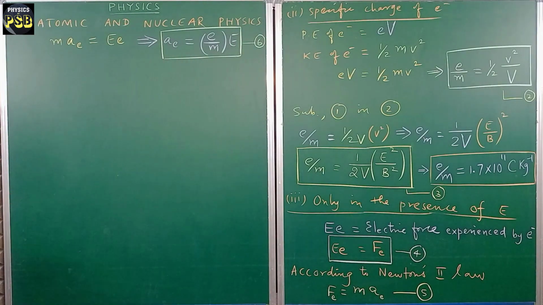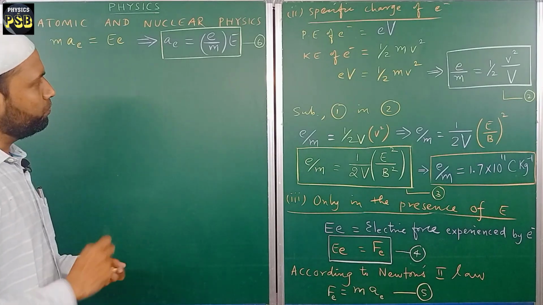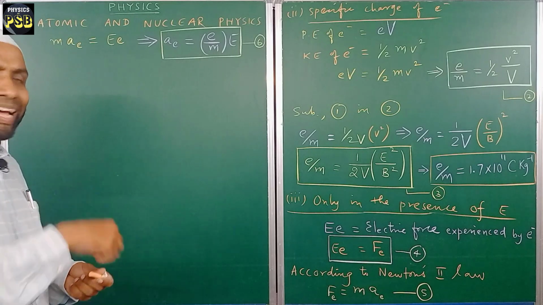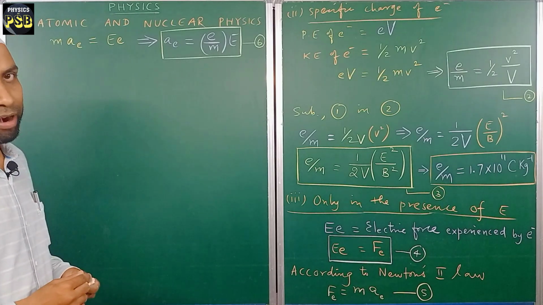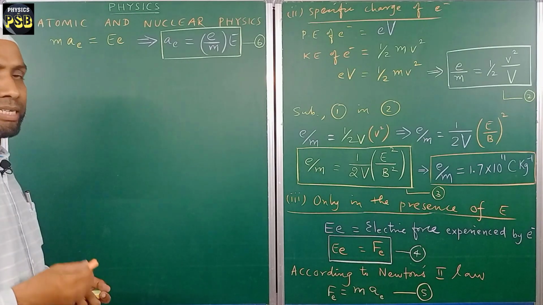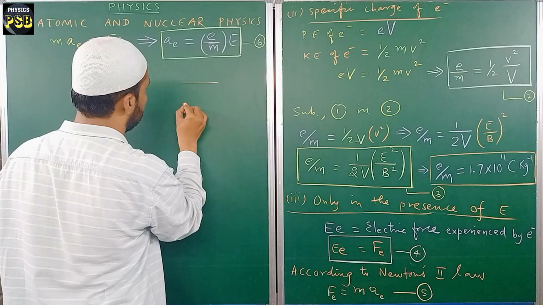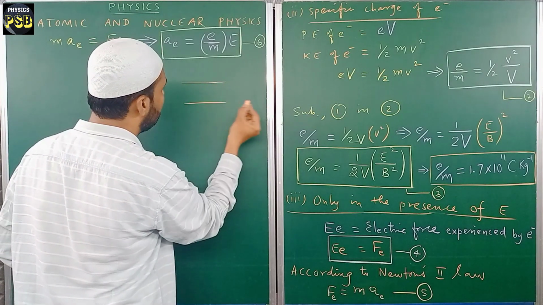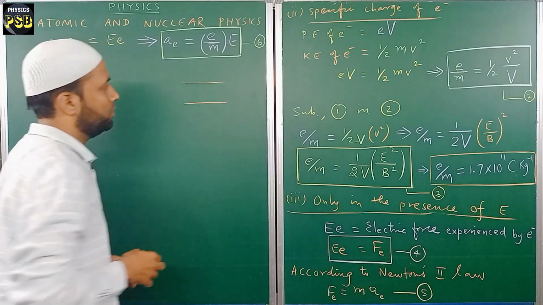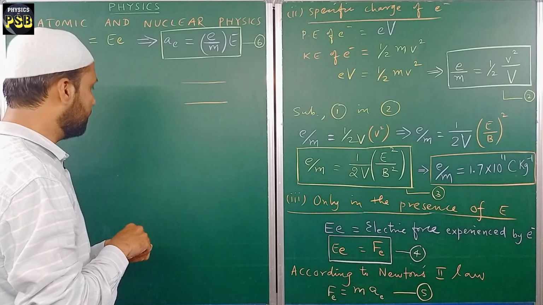Now before I proceed, let me show you what happens inside the discharge tube when we turn off the magnetic field. This is the metal plates used to produce the electric field.